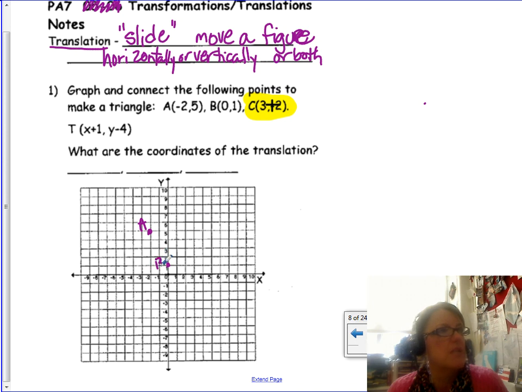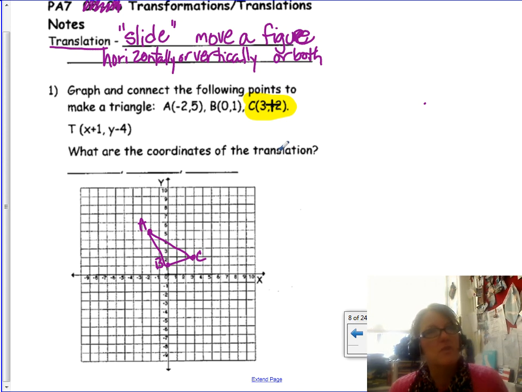That's my B. And C is at (3, 2). I highlighted this because originally on my sheet it's a typo that says -2, and I want you to make it +2. There's C. Then connect the dots, and you'll see it makes this handy-dandy triangle. This is our original image.